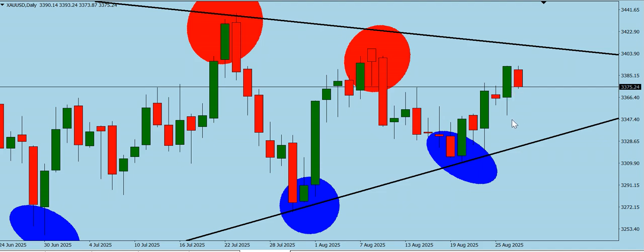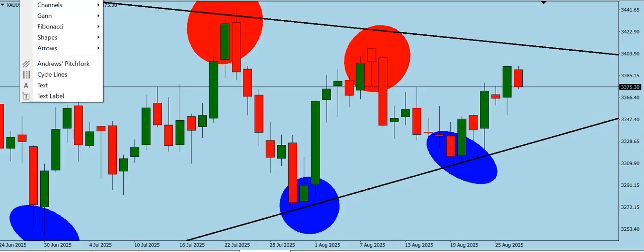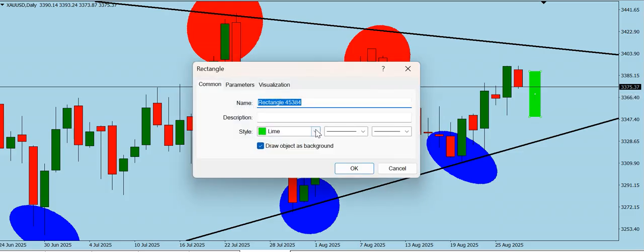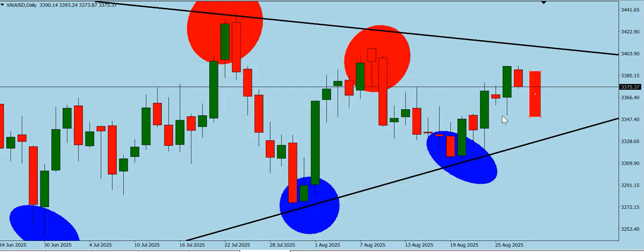If today's candle closed below yesterday's low, that's going to indicate that the bears are in control, and we might expect price to continue to tick down to this ascending trend line. I expect price to tick down to the ascending trend line before finding support.